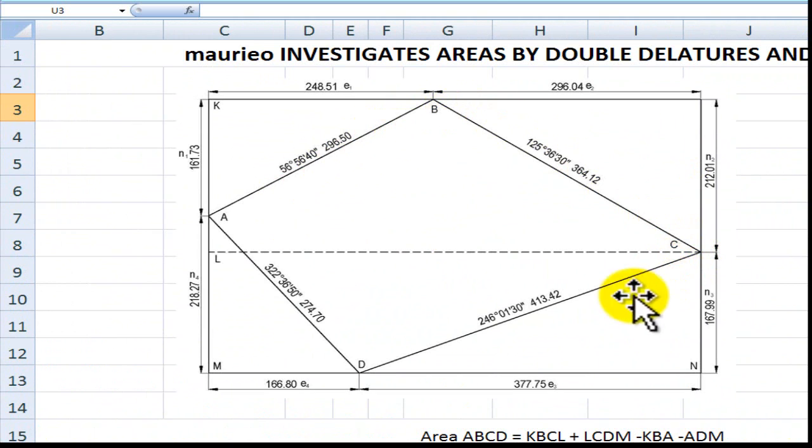So here we have A, B, C, D, and this is the northing one, easting one, going from A to B. I was always taught when we did these things that the best way was to always start at the westernmost point and work clockwise around the figure.